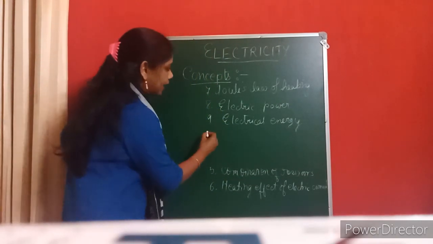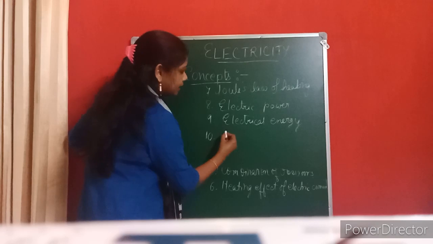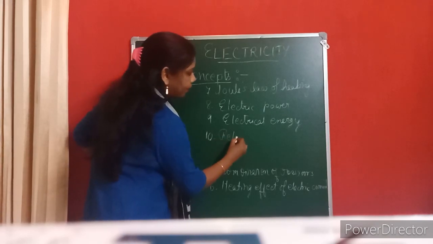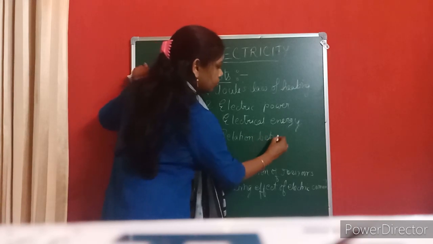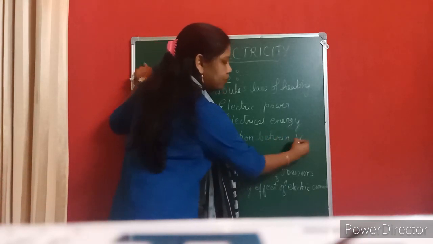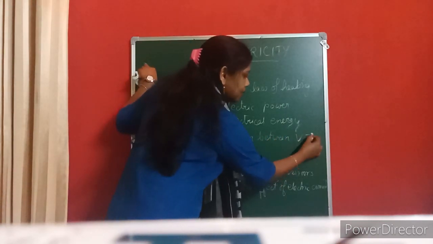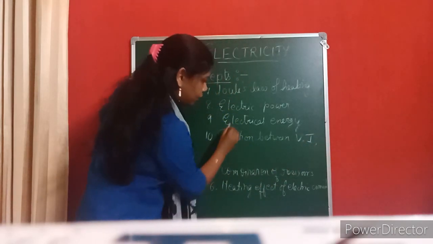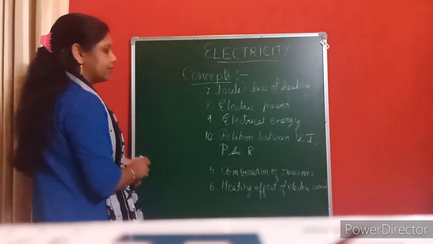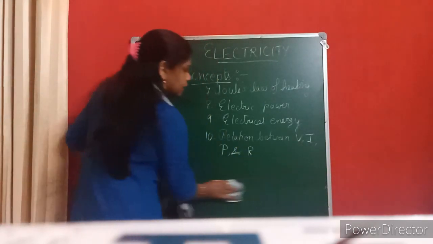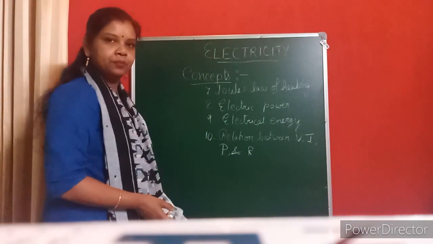And lastly, we are going to discuss the relation between V, which means potential difference, I, which means current, P, which means electric power, and R, which means resistance. So these are the concepts that we have to study in this particular chapter.